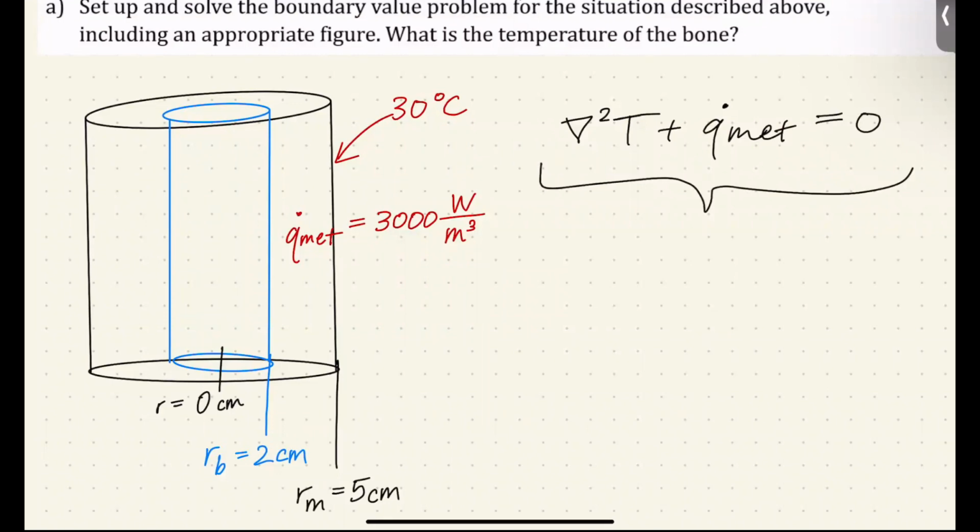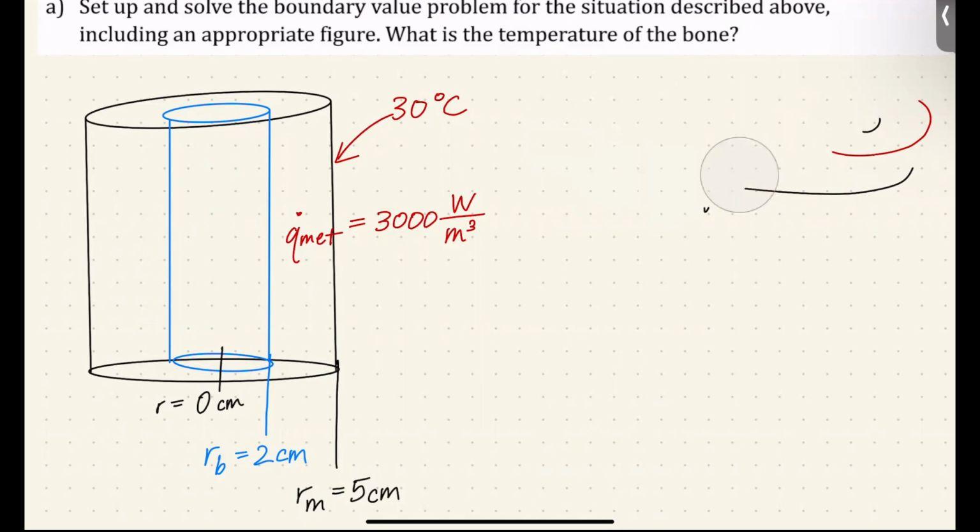And if there's no Q met, we're going to cross it out and we're going to work with just these components, right? And that's essentially what we're going to do for each layer. So I'm going to walk us through the bone layer, and I would like you to try out the muscle layer, but we'll keep going and we'll get started, okay? So also I'm going to label this as the bone, and then this is the muscle, okay? Great. Now let's start with the bone first.